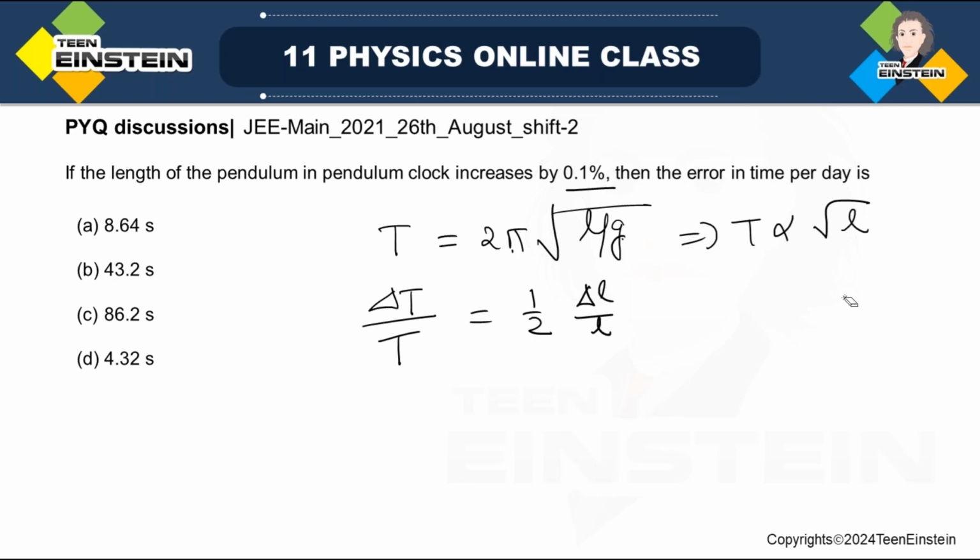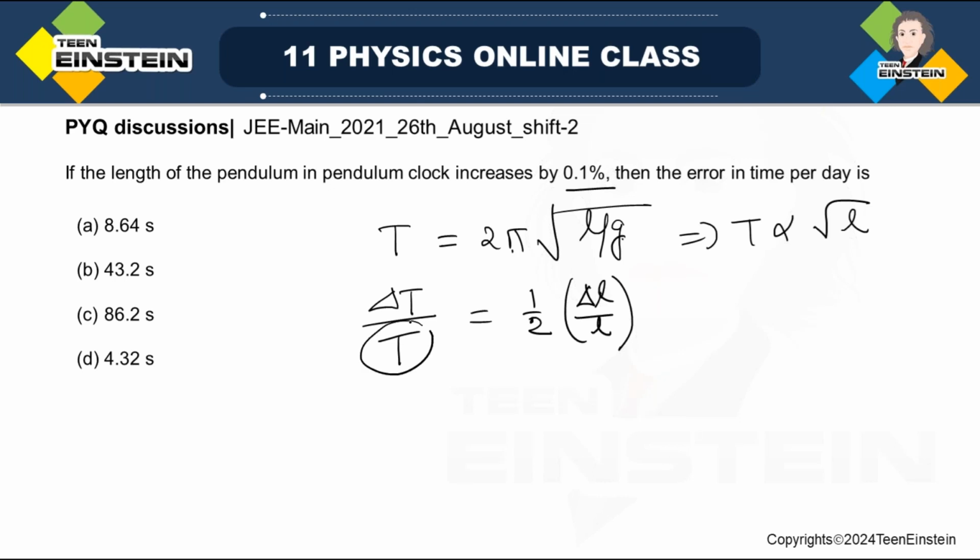So dear students, the value of this particular parameter is given already. What you have to find out is the error in the time per day.